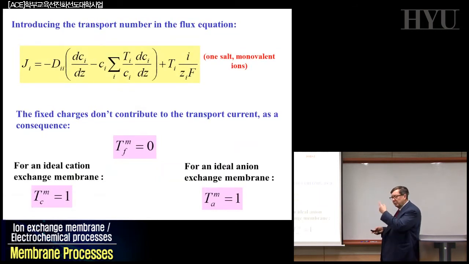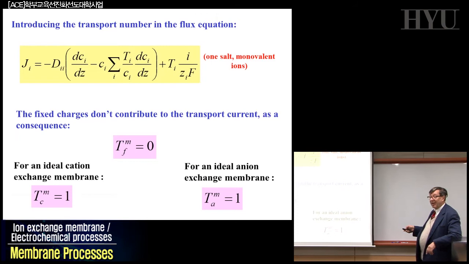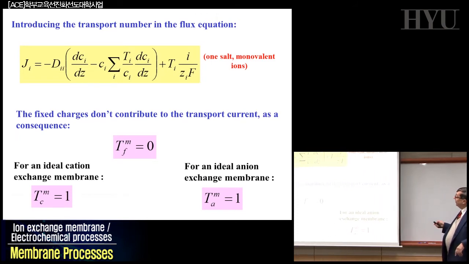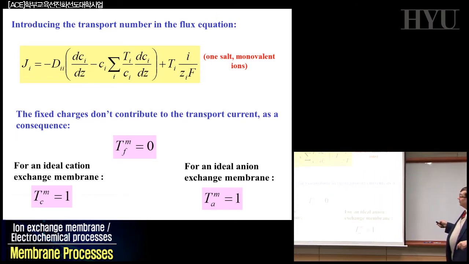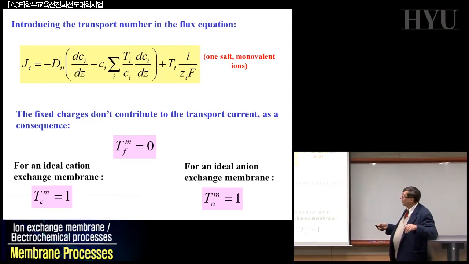Now, if you use this definition, you can introduce the transport number in the expression of the ion flux across the system, for a simple case, a 1,1 monovalent salt, sodium chloride or potassium chloride. So you can rewrite the equation, introducing the transport number.